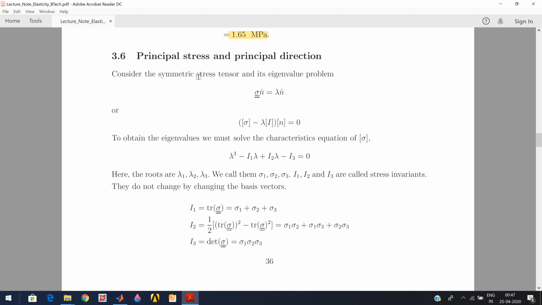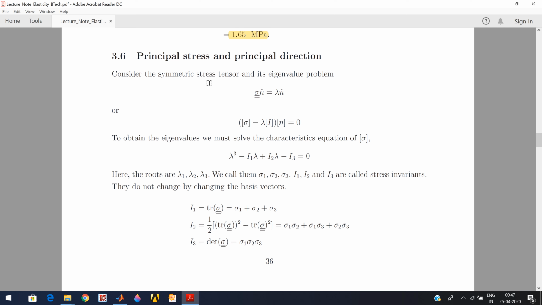Stress is a second order symmetric tensor, and we have discussed in detail how the eigenvalue problem is solved and the principal values of the tensor.